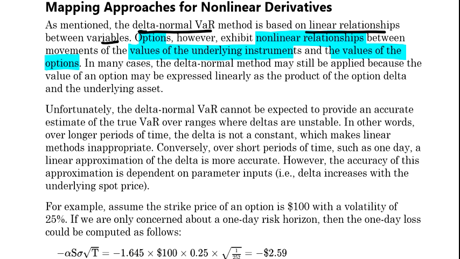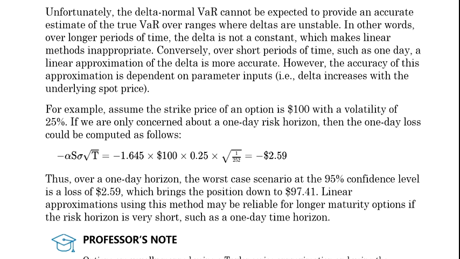So we cannot use our delta normal VAR, but in some cases where the option may be expressed linearly, we can use the delta normal method. Clear? But there is one problem: it will not provide us an accurate estimate of the true VAR.